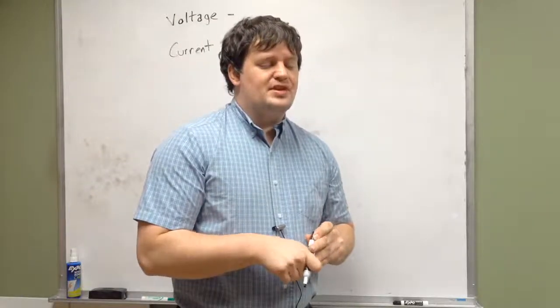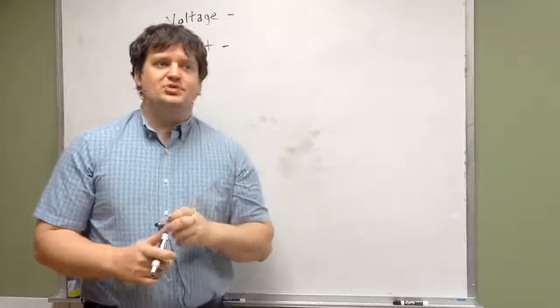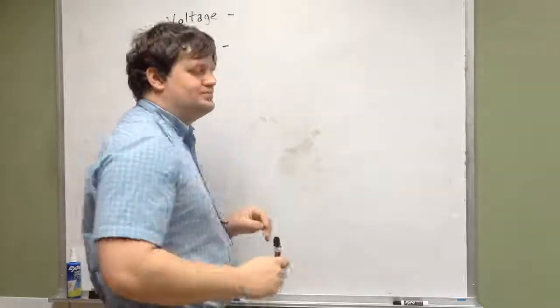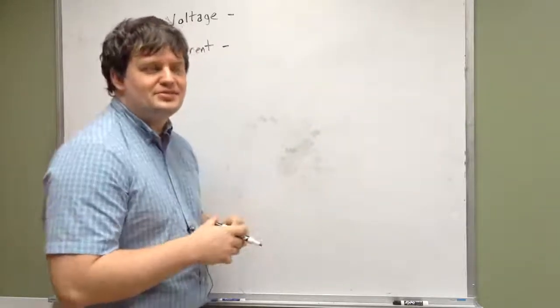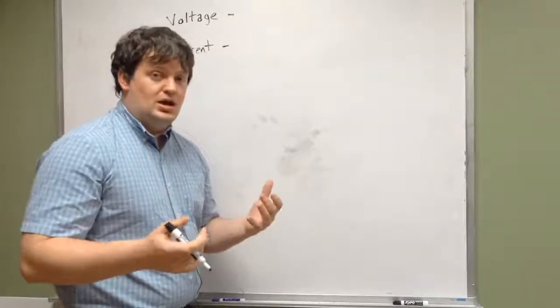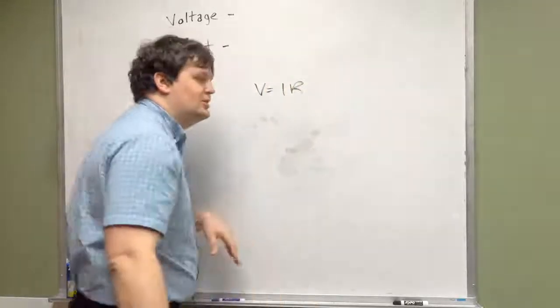Now, the thing about voltage and current is most people know this formula. I just used the words "most people", and that's actually not true. Most people come into this class knowing Ohm's Law. In Ohm's Law, you know V equals IR.